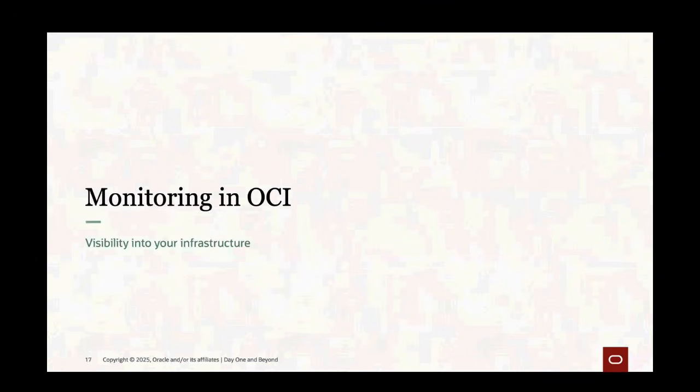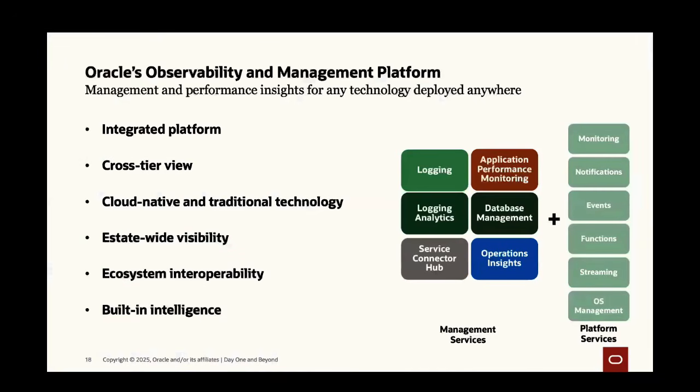And now, diving into the monitoring piece and some of the different tools to help you get more visibility into your environment. So this is a high-level overview of observability and management, or O&M. Today we're mainly going to be focusing on some of these platform services right here, such as monitoring, notifications, events, functions, all of that.